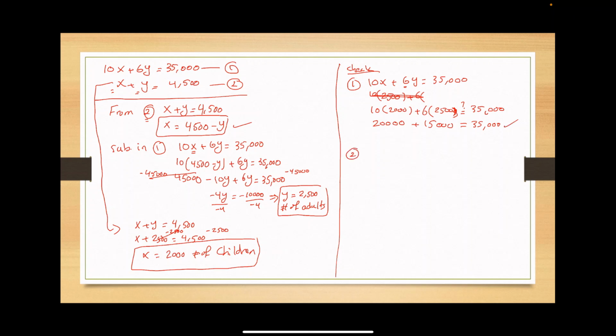And the second one, the total number of people who entered that day was 4,500. So let's check. x plus y should be equal to 4,500. x is equal to 2,000 and y is equal to 2,500, which is equal to 4,500.